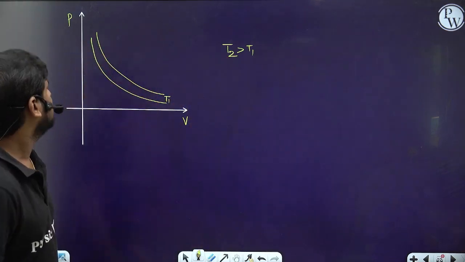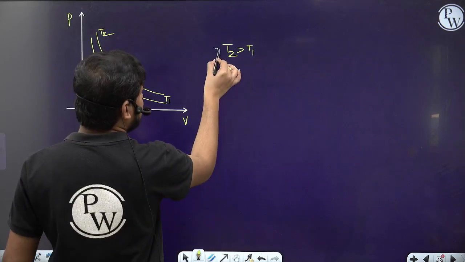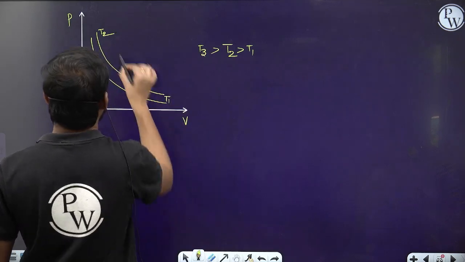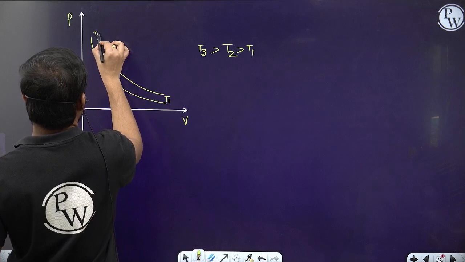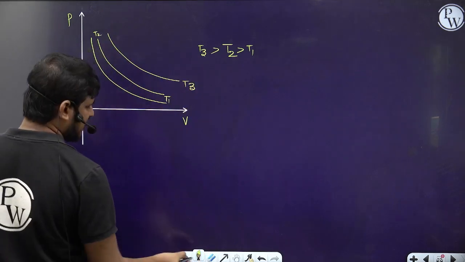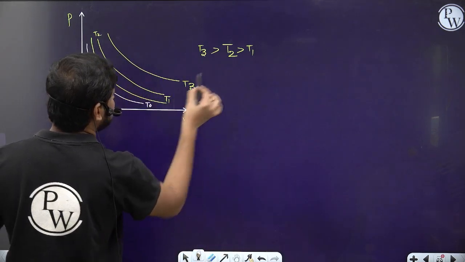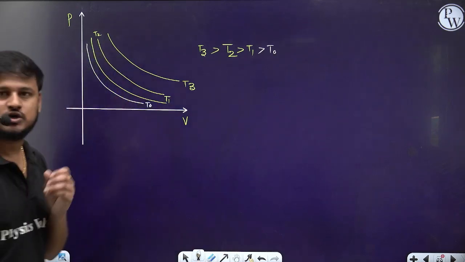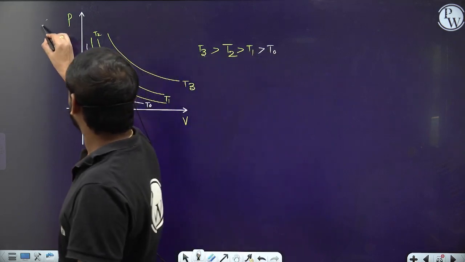So the curve will be like this. This is for T2. If T3 is greater than T2, then the isotherm will be somewhat like this. And if I take some temperature T0, it is like this, so this is the T0 isotherm. Understood? Clear everyone? Note this point.